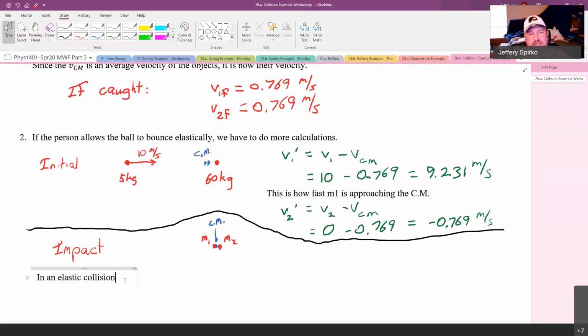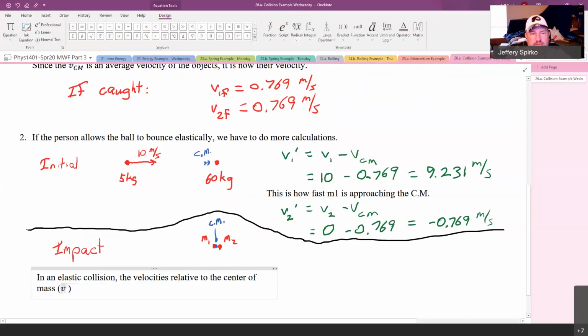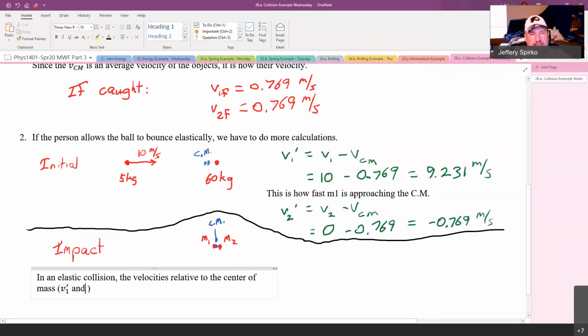In an elastic collision, the velocities relative to the center of mass, which are the ones called V1 prime and V2 prime, they simply reverse.